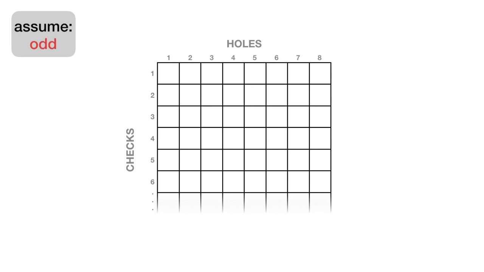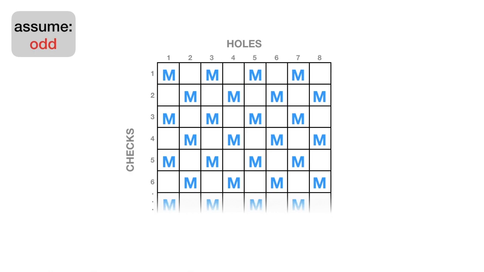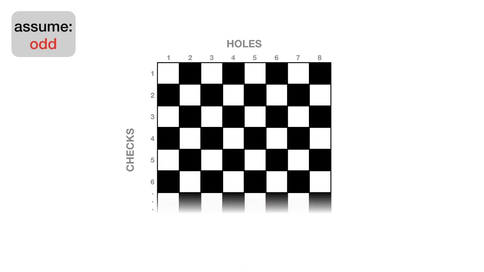An odd starting mouse would start in an odd hole, move to an even hole, and back and forth and so on. In other words, an odd starting mouse would start on one of the white squares of the top row and remain on a white square throughout. We could catch him using almost exactly the same checking pattern, just backwards. 7, 6, 5, 4, 3, 2.